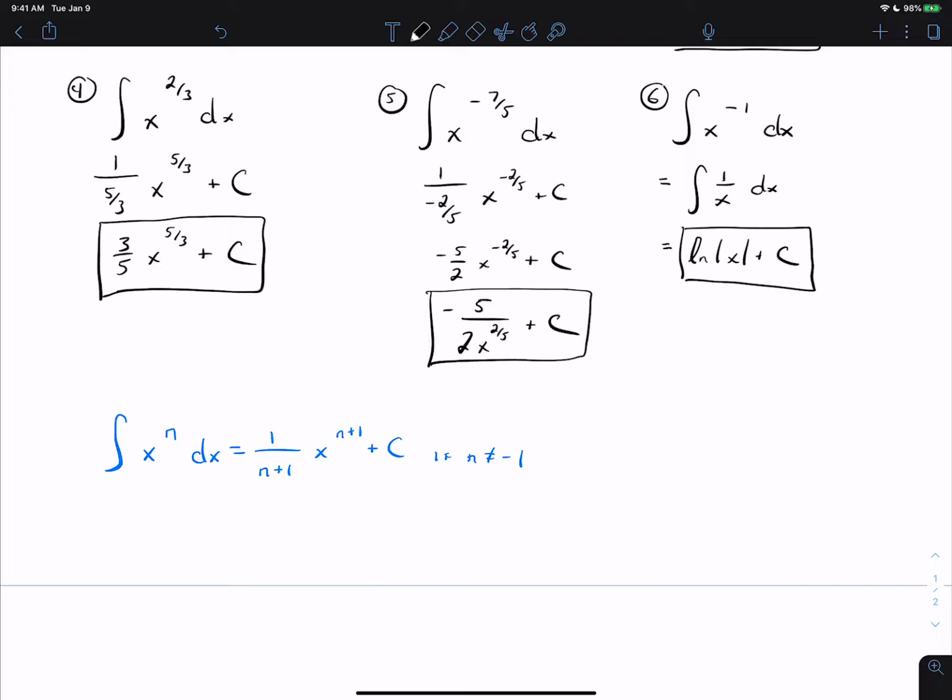When you talk about natural log, the argument, the thing inside the natural logarithm, cannot be negative, and it also cannot be 0. When you write x to the negative 1 or 1 over x like we did on problem 6, it's understood that x cannot be 0, which is good for log, but x could be negative. The absolute value fixes that, if that makes sense. So the negatives become positive in that case.